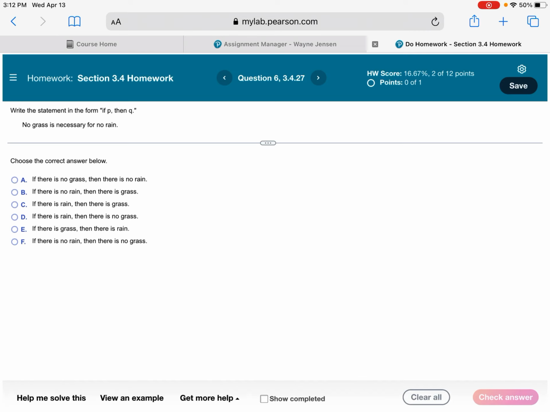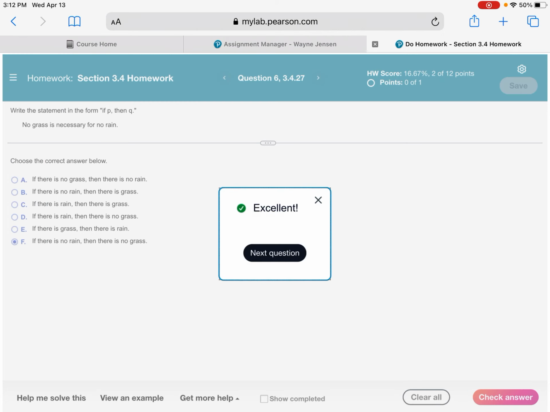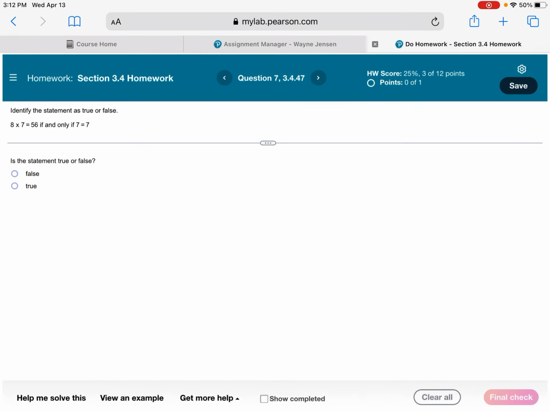If there's no grass, then there's no rain. No grass is necessary for no rain, okay? But if there is no rain, then there is no grass. That seems to be what's being implied there, right? No grass is necessary for no rain. So if there's no rain, then there's no grass, right? And that may be a little bit confusing.